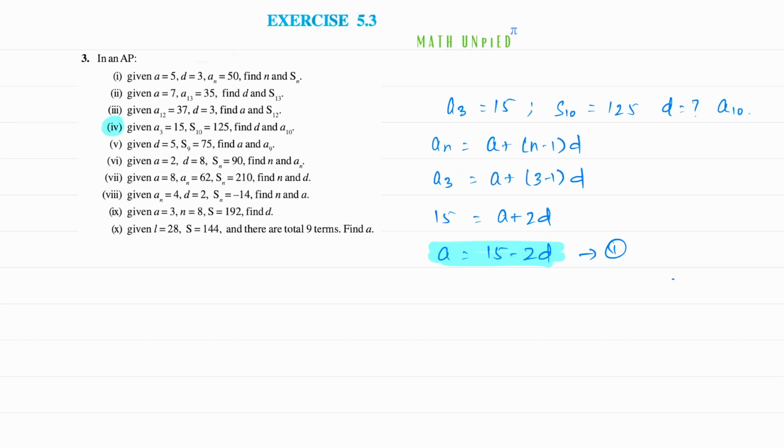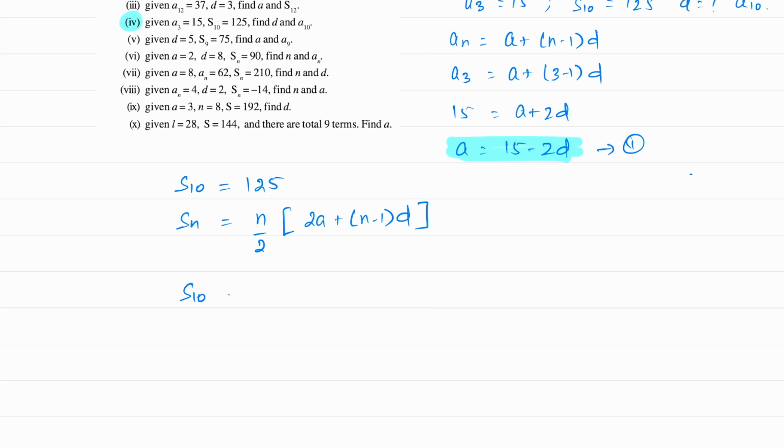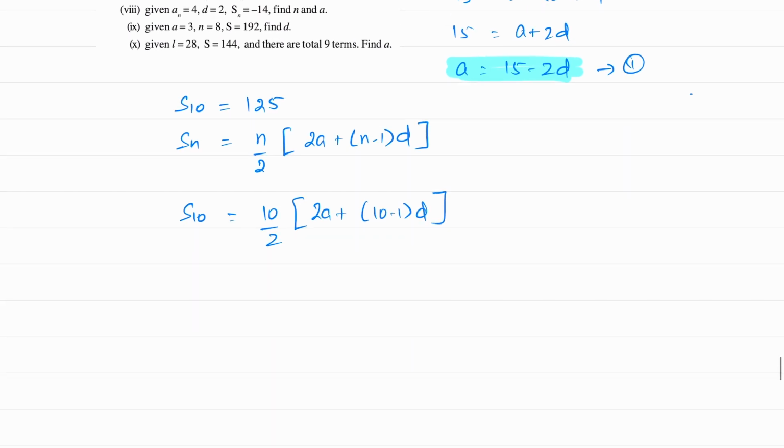Now what else is given? S10 equals 125. The Sn formula is given by n over 2 times 2a plus n minus 1 times d. Now this is S10 equals 10 over 2 times 2a plus 10 minus 1 times d, or 125, which is the value of S10, equals 10 over 2 is 5, 5 times 2a plus 9d.